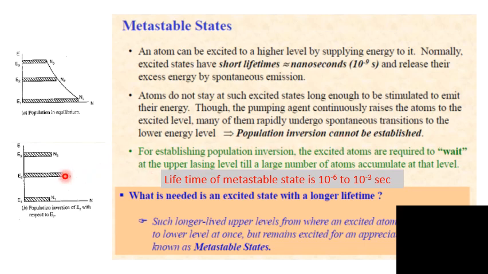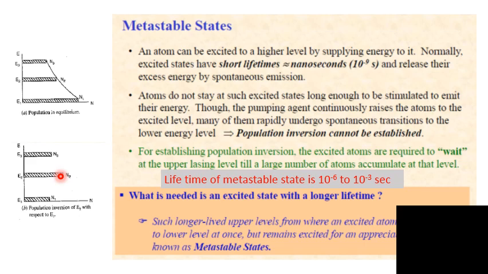Yes, it is true that when we have attained population inversion over here, then stimulated emission will happen. When stimulated emission happens, the population of energy level E1 will start to increase and the population of the E2 level will decrease. So the population inversion will reduce.